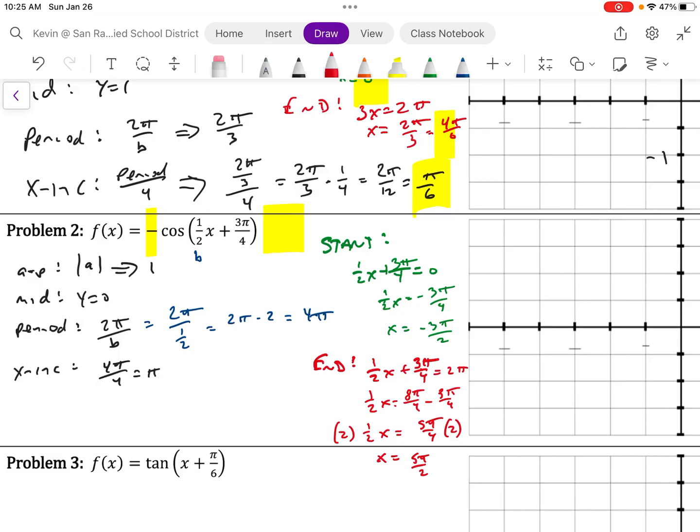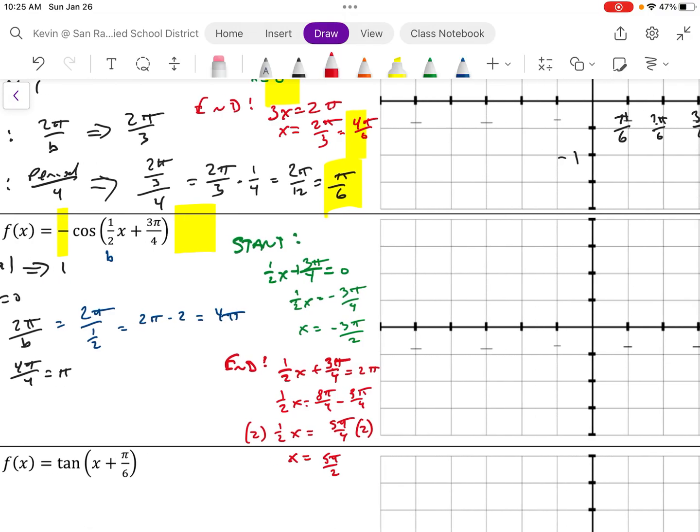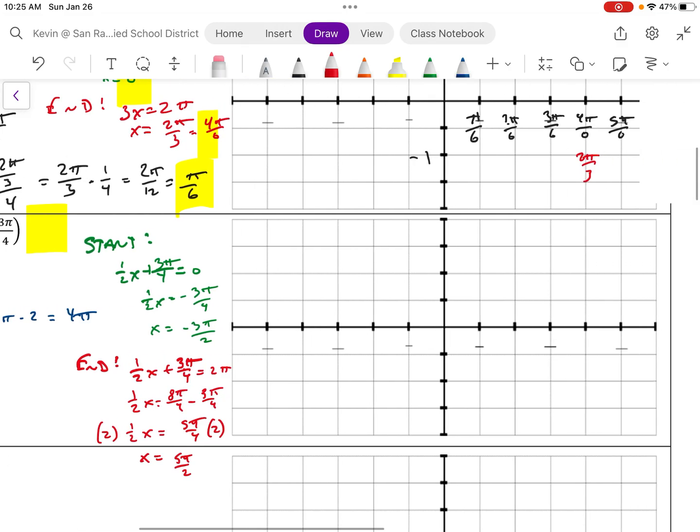So my x increments are pi, and I'm going out to 4 pi. I'm starting at negative, but I need to go pi over 2 though, right? So let's go by pi over 2, since these are all pi over 2, that's there and that's there.